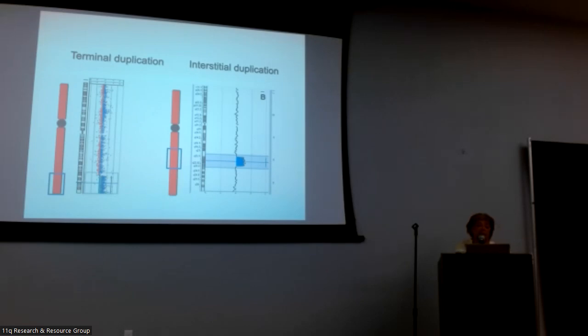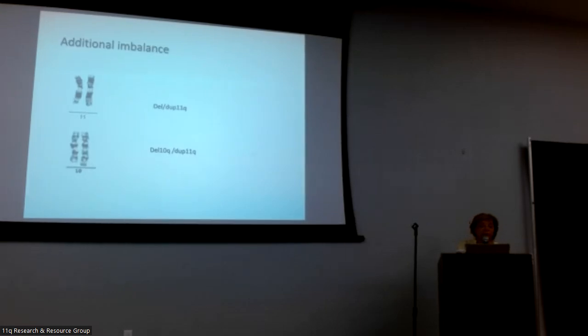You can have terminal duplication, interstitial duplication. There is sometimes an additional imbalance. This is frequent. In this case, there is a duplication of 11q attached onto a chromosome 11 itself.